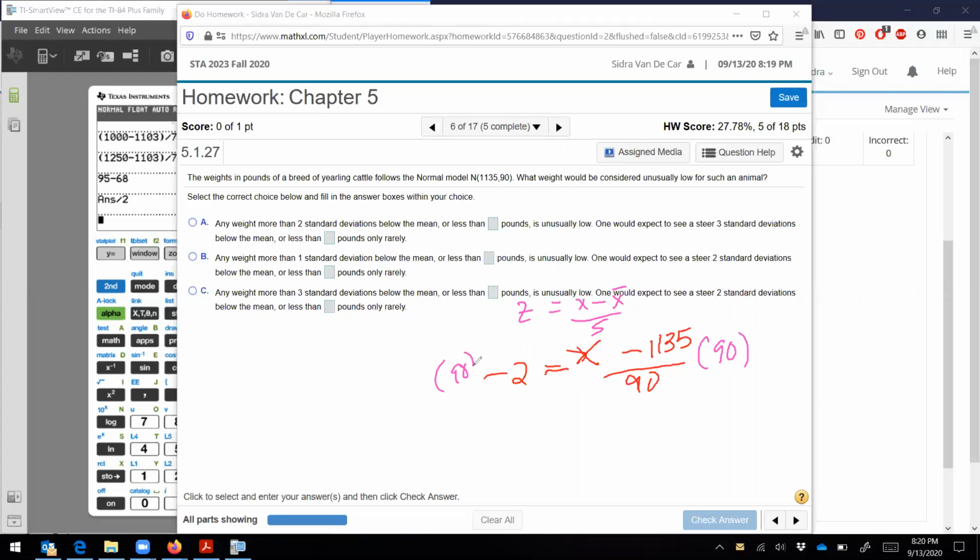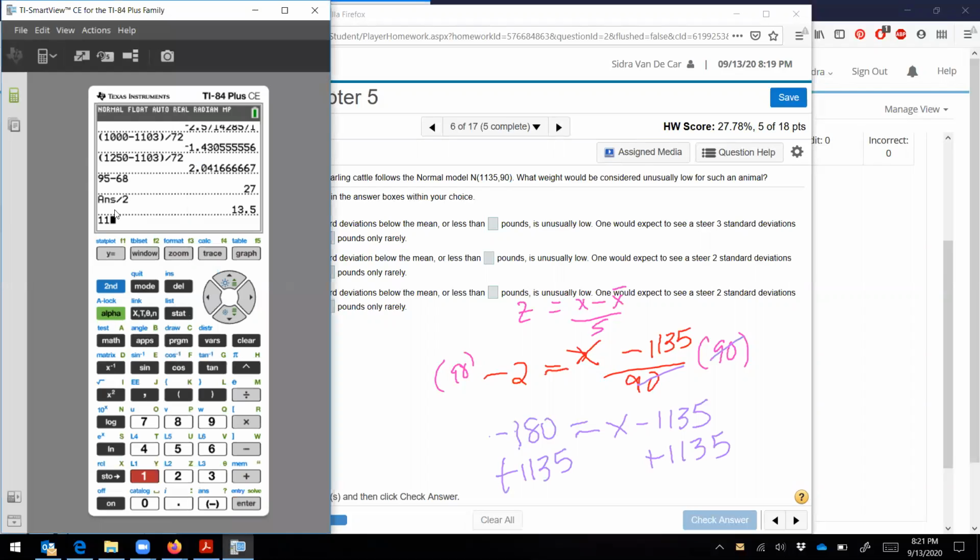And if I do that, I get -180 equals X minus 1135, because these 90s would cancel. And then I'm going to add 1135 to both sides. So I'm essentially going 1135 minus 180.